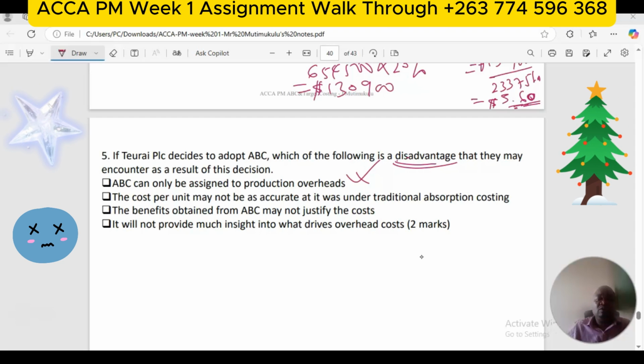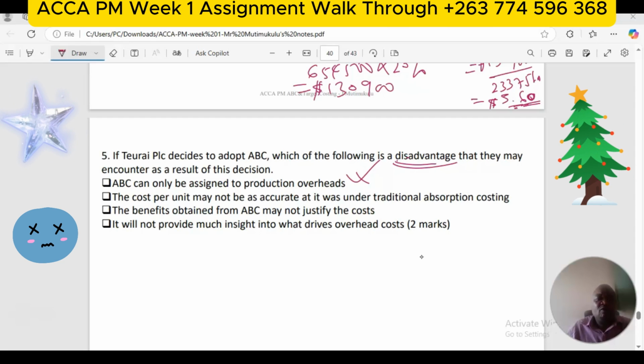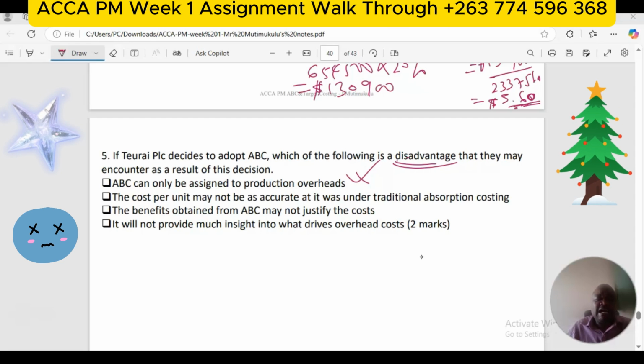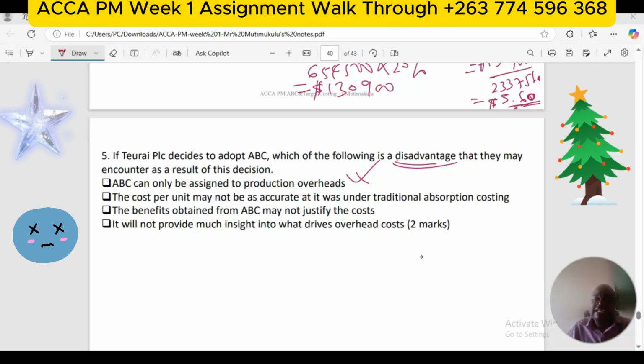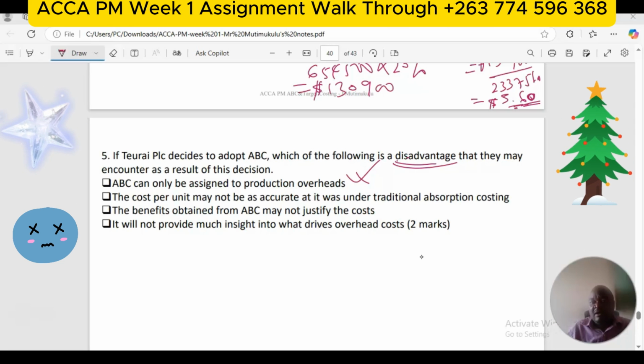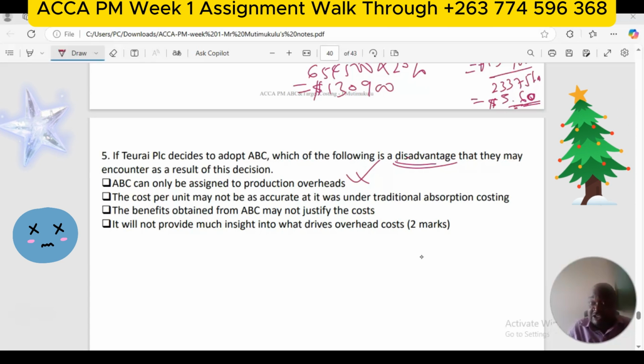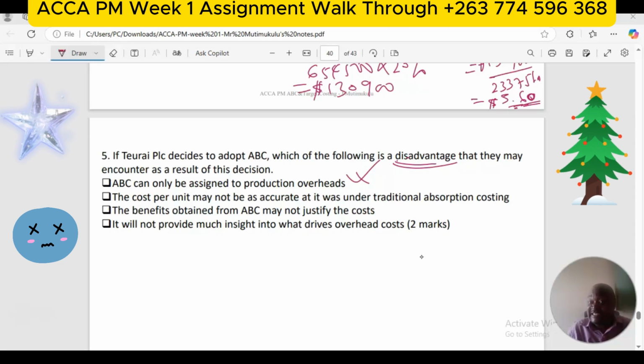Okay, so this is why we are saying it's wrong. The cost per unit may not be as accurate as it was under traditional absorption cost. This one again is false. Yes, in a way, it's not the disadvantage of ABC, because ABC doesn't say so. This one again is wrong.